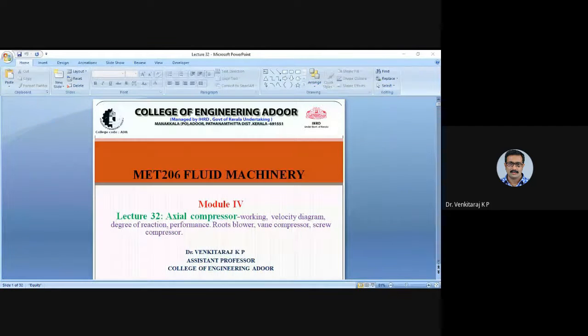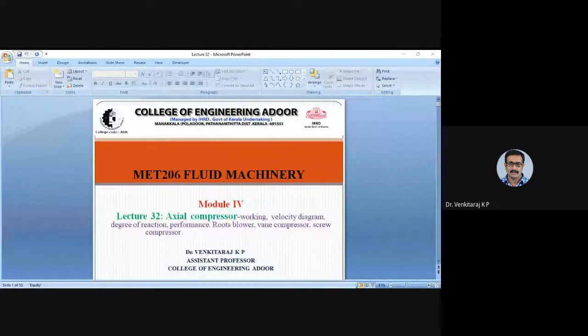We'll see the working of the axial compressor, then the velocity diagram, degree of reaction, then the performance parameters, the performance terminology, some parameters that are used to evaluate the performance of an axial compressor.